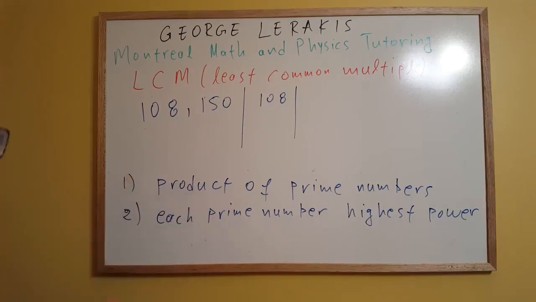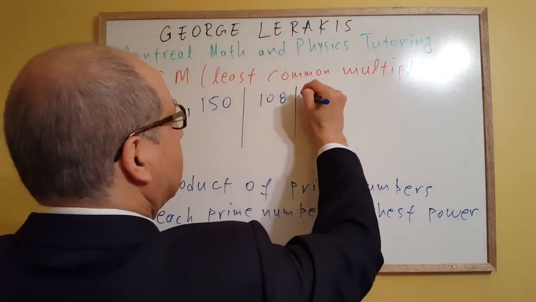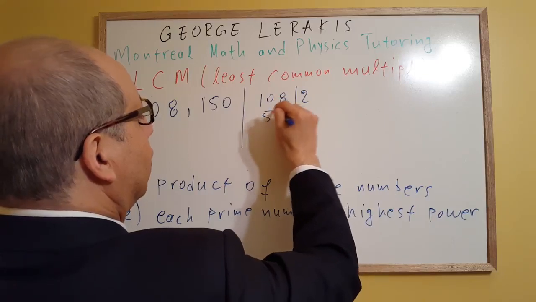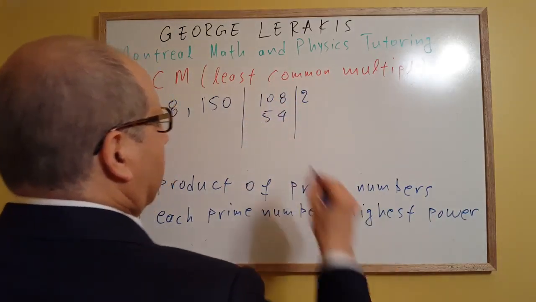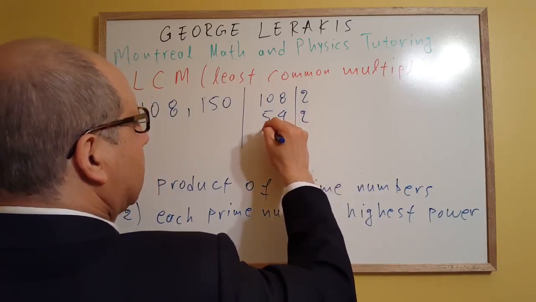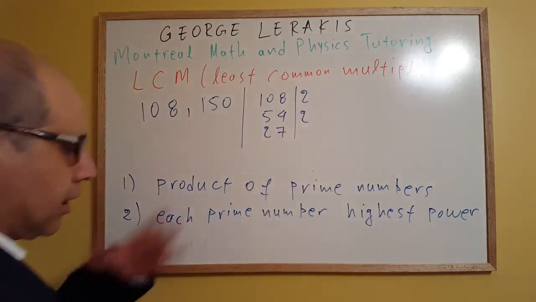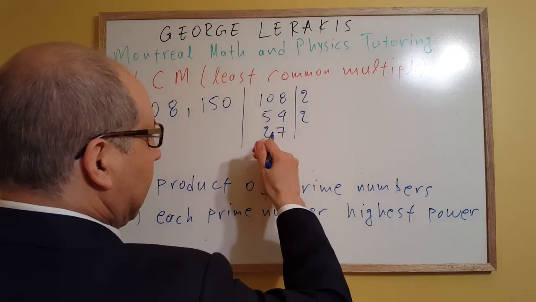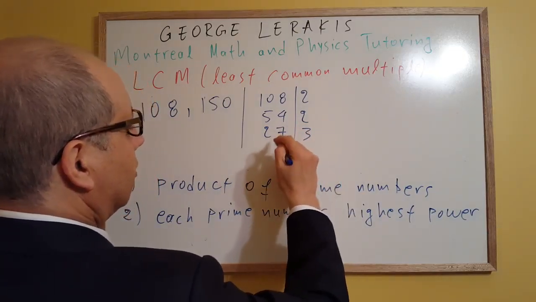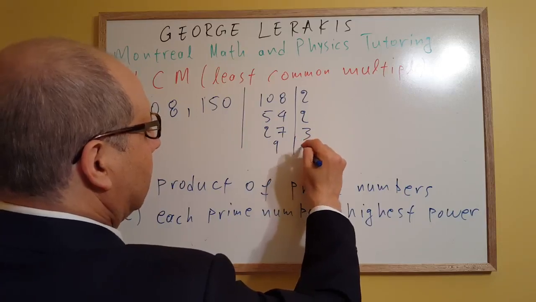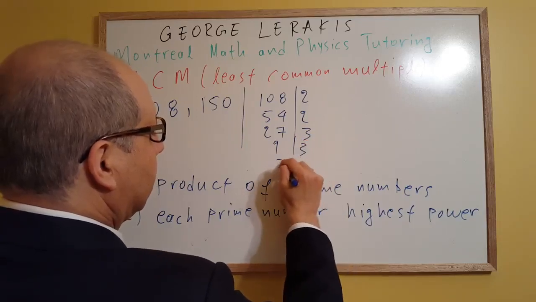108 of course is divisible by 2 and gives us 54. 54 is divisible again by 2 and gives us 27. 27 is not divisible anymore by 2, but it is by 3, so it gives us 9. 9 is still divisible by 3 and gives us 3.